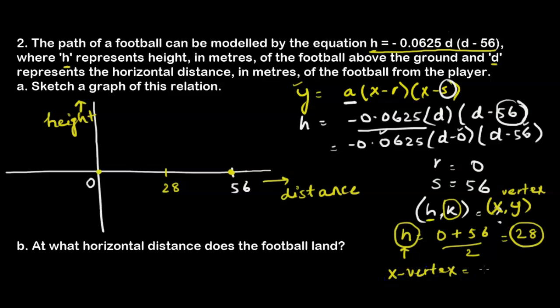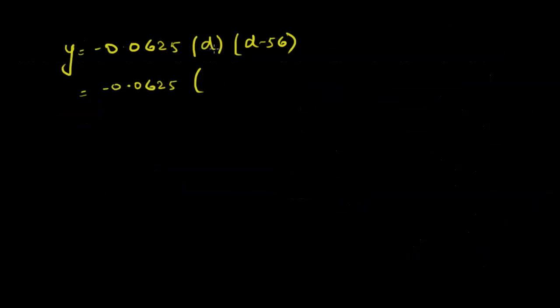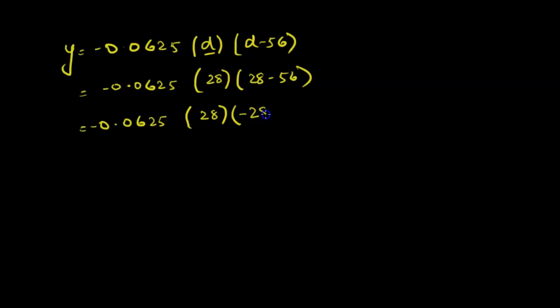So we are given x of vertex as 28, and x of vertex in this particular question is also called the distance at which we would see the maximum point. Therefore, we would sub in the x of vertex as distance, and that is 28. We get negative 0.0625 times 28 times (28 minus 56). We get a negative 28.